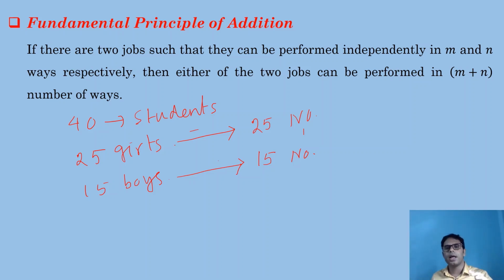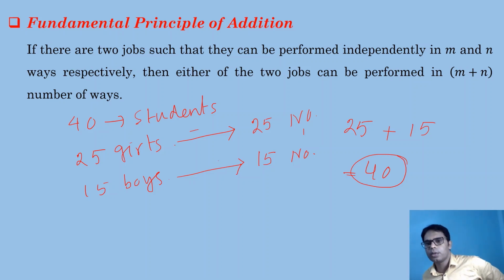So this is an either-or option, and here you will have a total number of options 40, because you may give from the girls in 25 ways, and the second job you can complete in 15 ways. So either of the jobs can be completed in 40 ways. That means you have now 40 different ways to choose a student from your class. This is the main thing about the principle of addition.